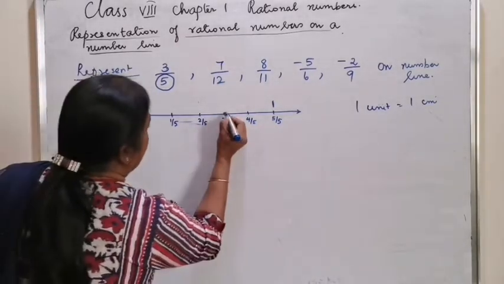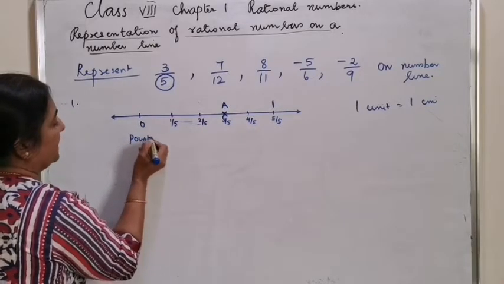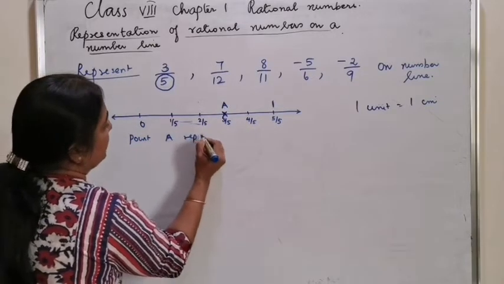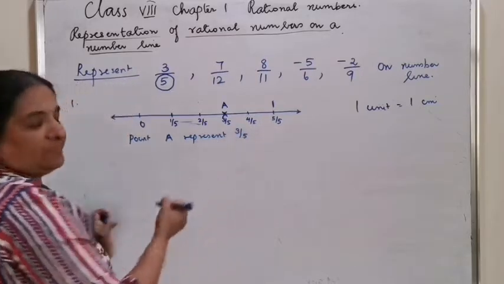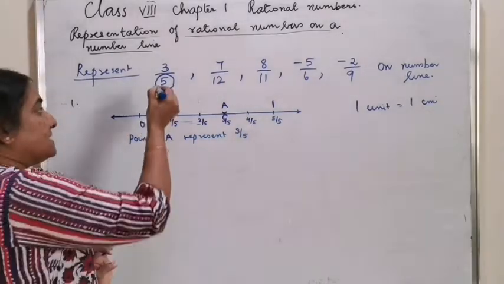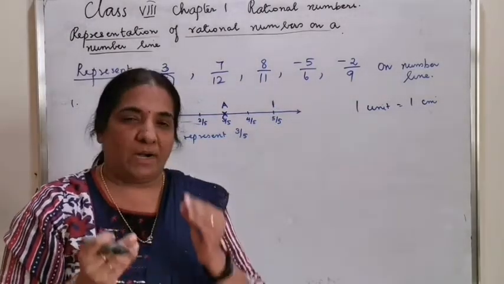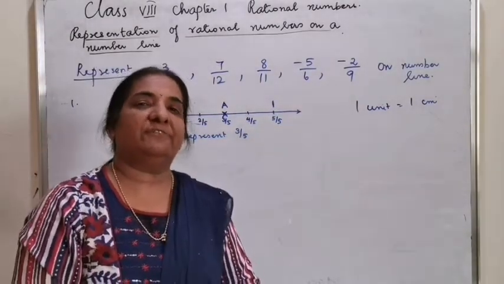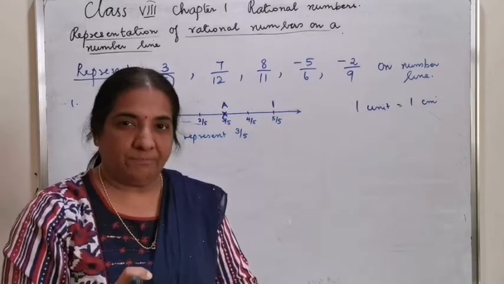And the point A represents 3 by 5. So the idea is to start counting from 0, the first point as 1 by 5, 2 by 5, 3 by 5, 4 by 5, 5 by 5, 1.